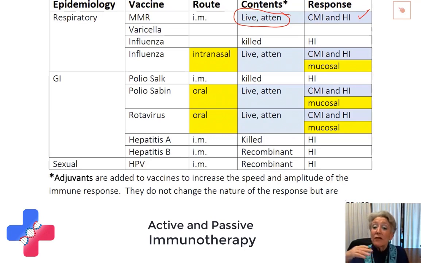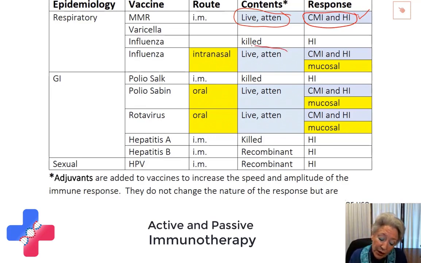And then also I'll have the spillover of making anti-APC2s and T helper 2s as well. So the entire amplitude of the immune response is going to be created with a live attenuated vaccine.